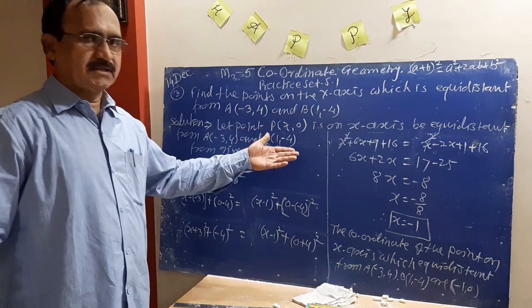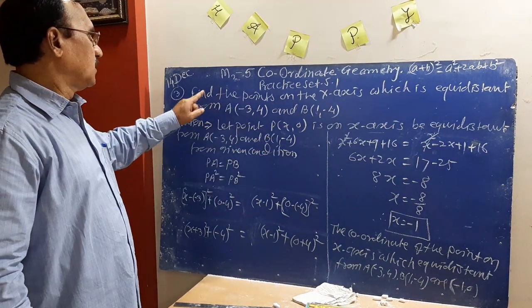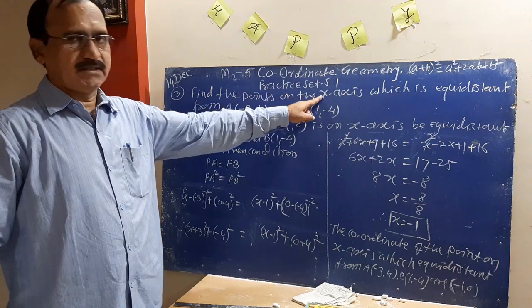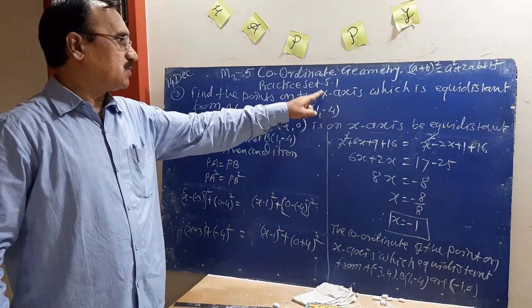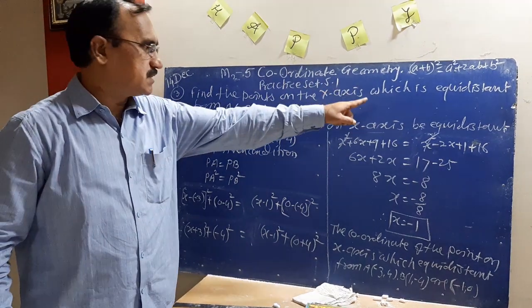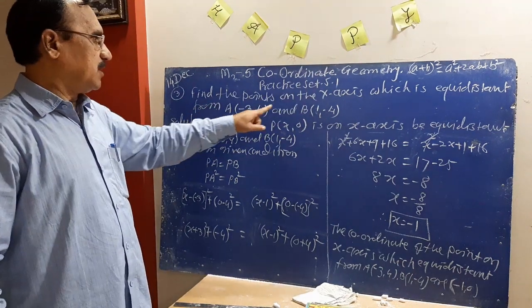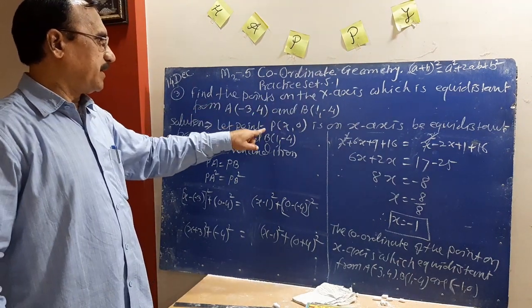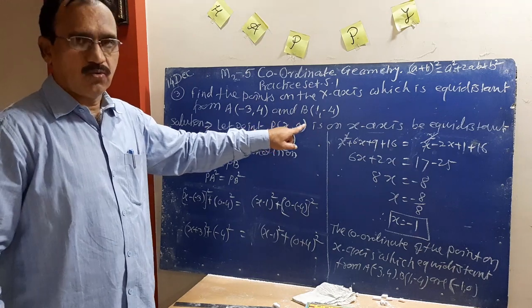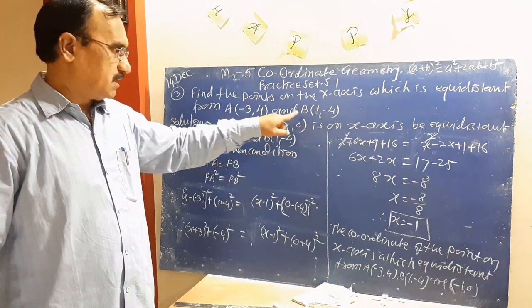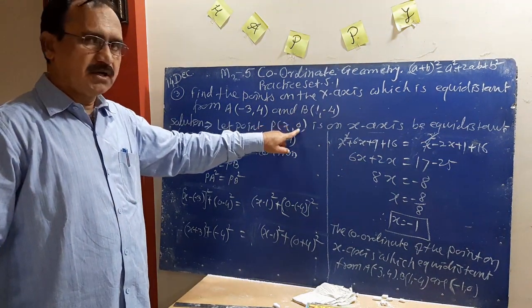We can convert this example to the y-axis also. Find the points on the y-axis which are equidistant from points A and B, and here let point P be (0, y). On the y-axis the x coordinate is 0 and the y coordinate is y.